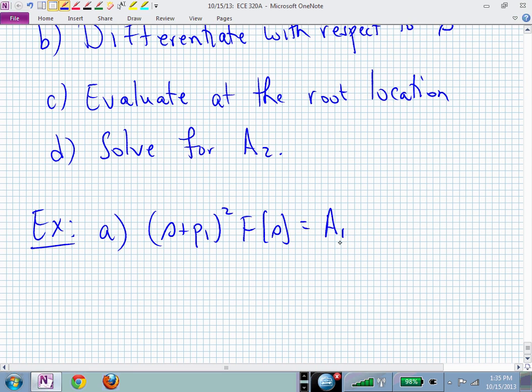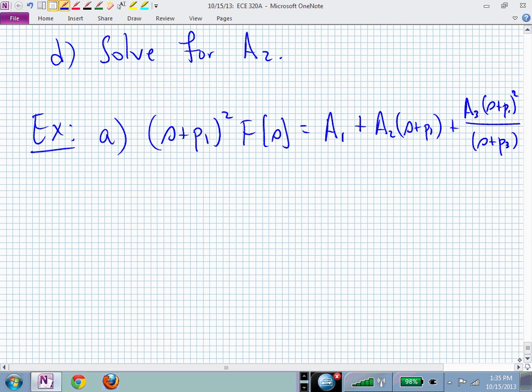We have an a1 plus an a2 times s plus p1. We've canceled one of those. Plus a3 times s plus p1 squared over s plus p3. We okay with that expression?